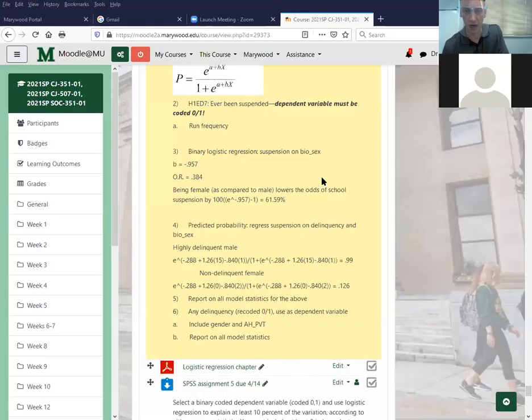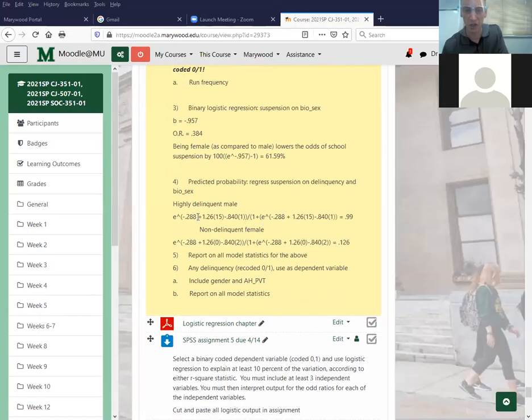I'm not having you do this on the homework, but you would paste it into this equation here, where you have the whole equation expressed as a power of E, divided by, in parentheses, 1 plus that whole equation again. And that's how you would get to the predicted probability, given some settings for your variables.